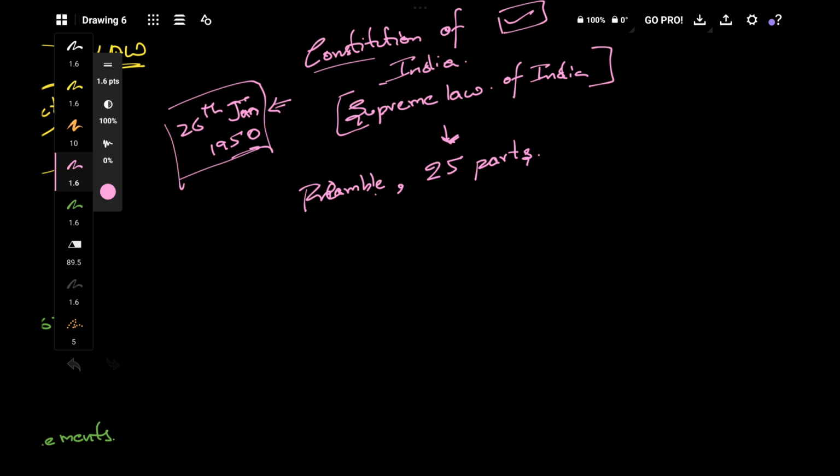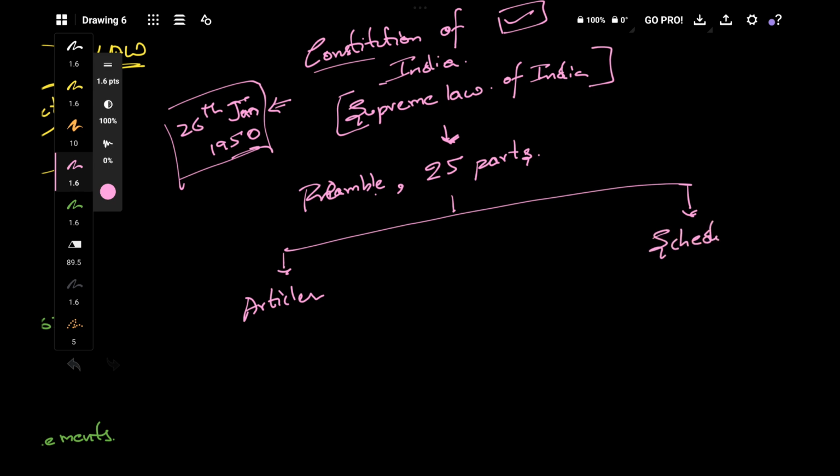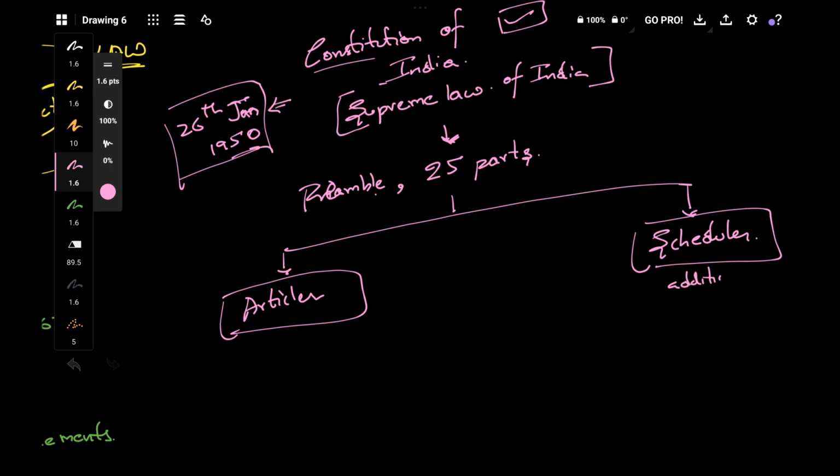These 25 parts are divided into articles and schedules. Articles have the subject matter in them, and if any additional information is left out, that additional info will be provided in schedules. We have almost 448 articles.